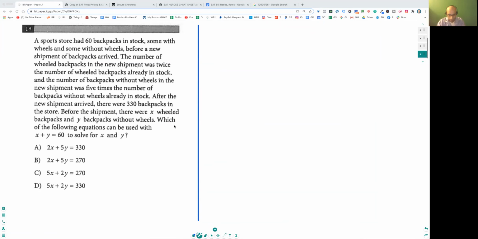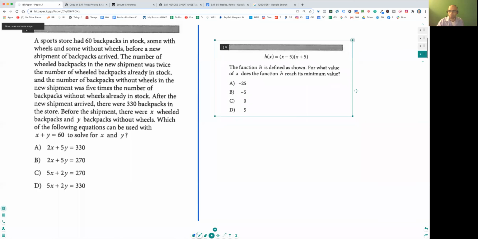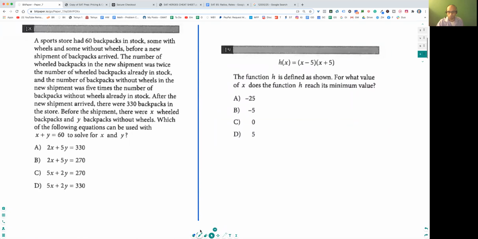So try this problem, and then after that, try the problem right after this one. Okay, guys, look at this problem first.